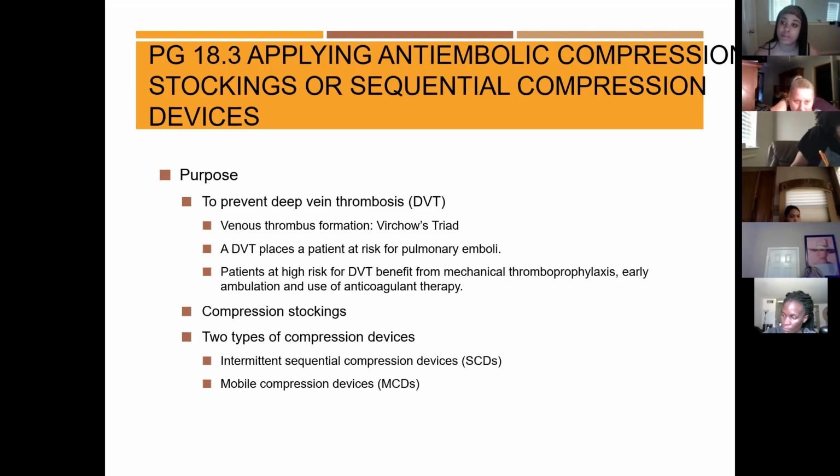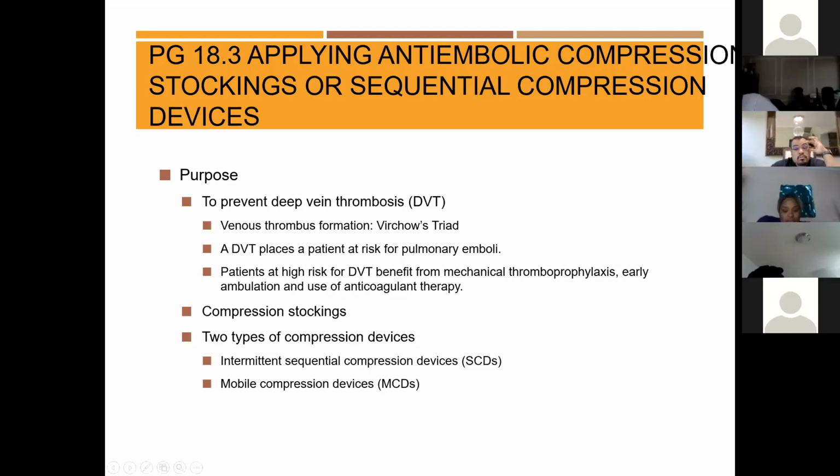While we're speaking of compression stockings, ladies and gents, before you start your nursing careers, please get you some compression stockings, because when you're up on your feet for 12 hours a shift, you don't want varicose veins to happen. I learned kind of the hard way.